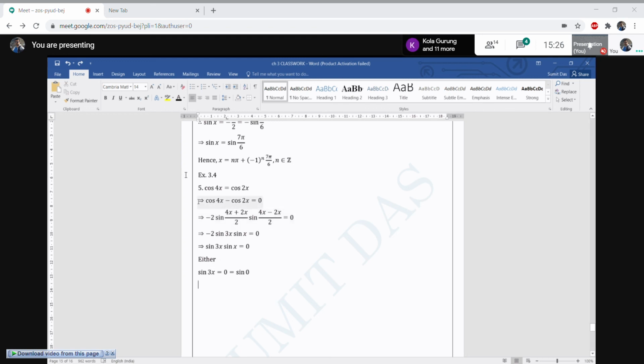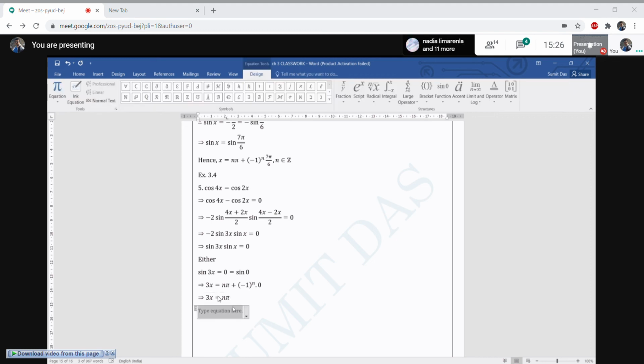This will imply 3x equal to n pi plus minus 1 to the power n into 0, which will imply 3x equal to n pi, which will imply x equal to n pi by 3.